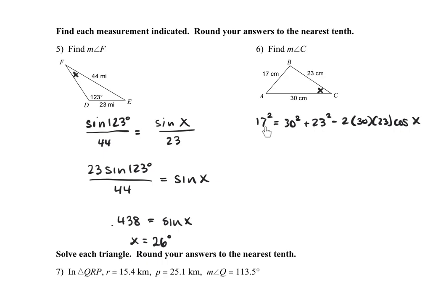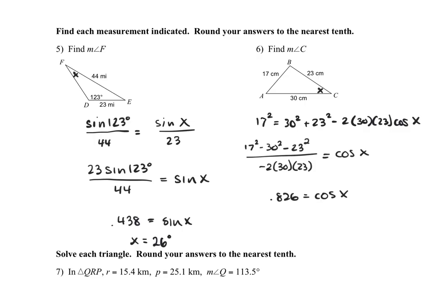And again, move these two quantities first, so subtract and then divide by those. And then change this into a quantity. It's 0.826. And then inverse cosine on both sides to get roughly 34.3 degrees.